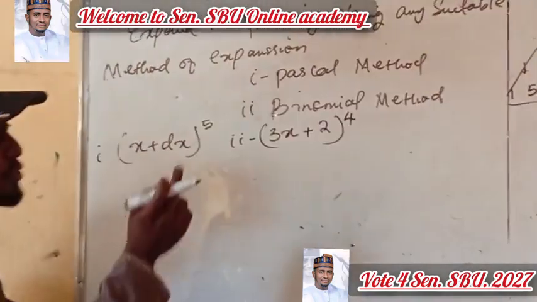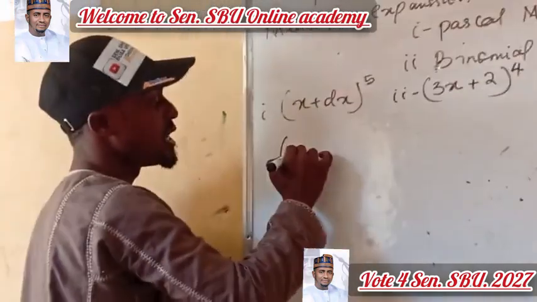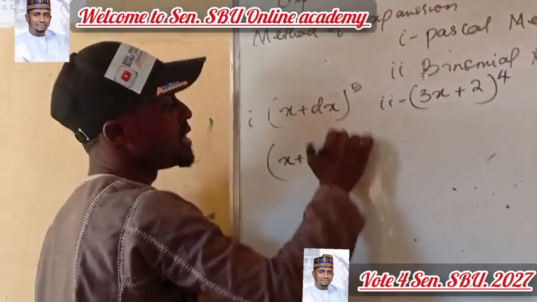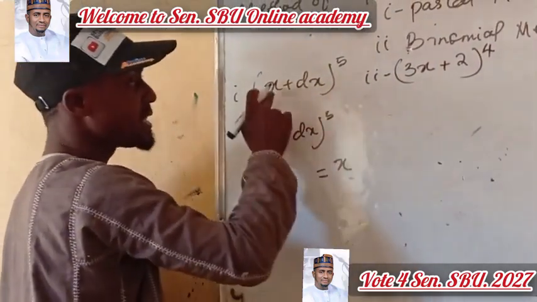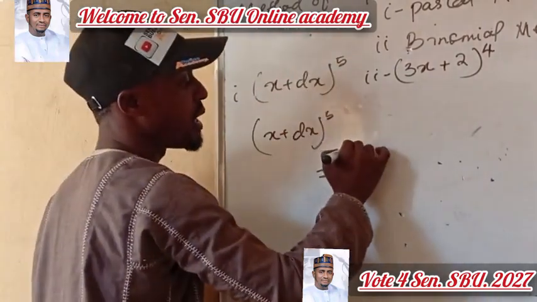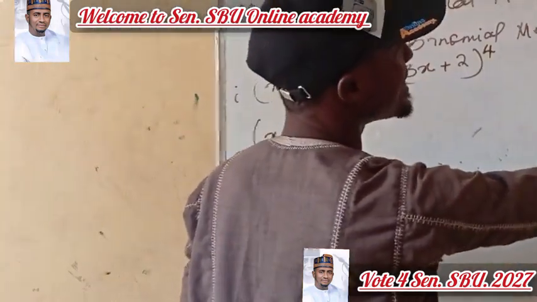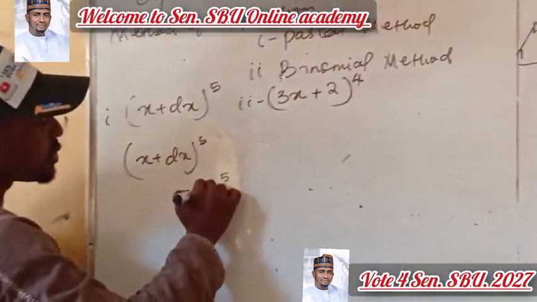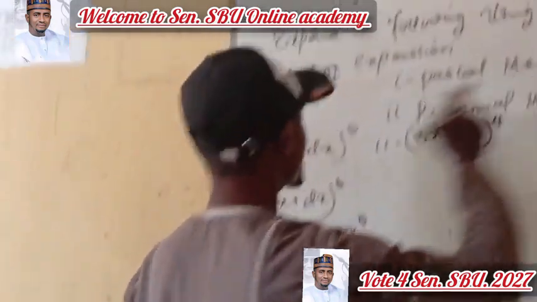Now, the first thing is to pick your x. If you are expanding (x + dx) raised to power 5, it is equal to x raised to power 5, because the coefficient of x here is 1, and we are stopping at power 5.